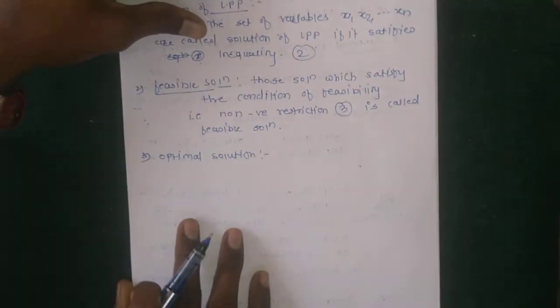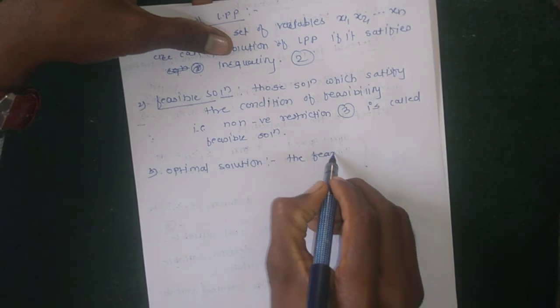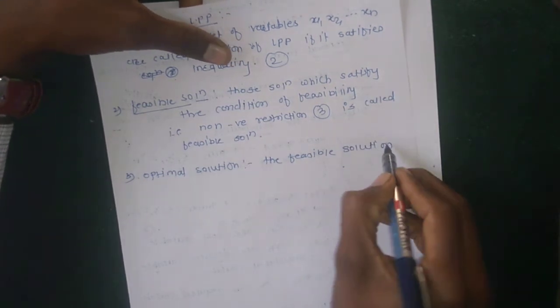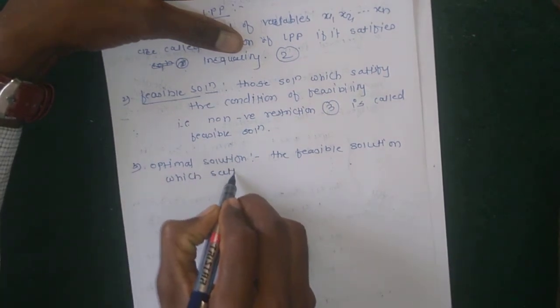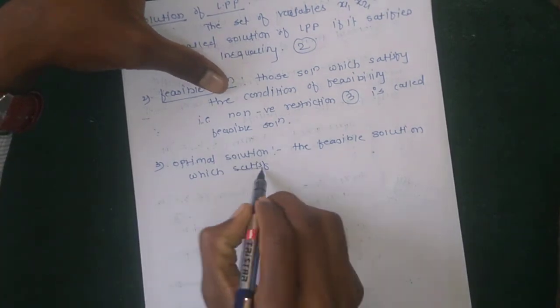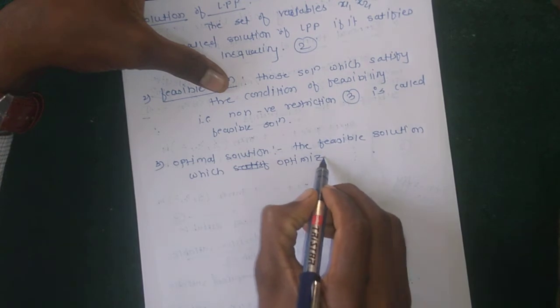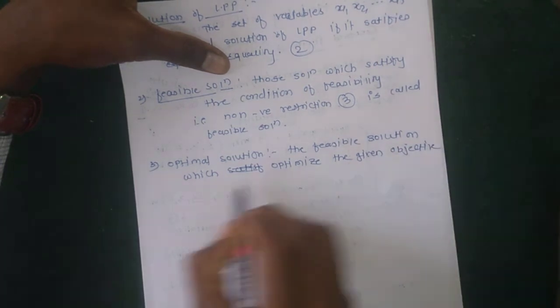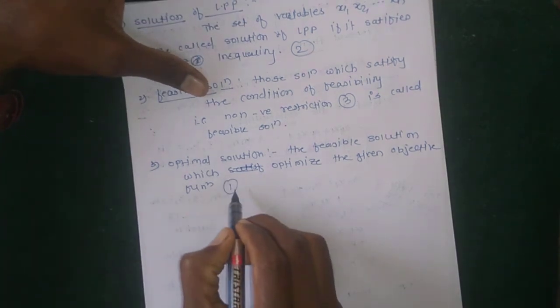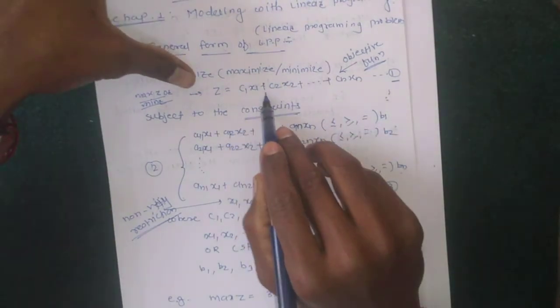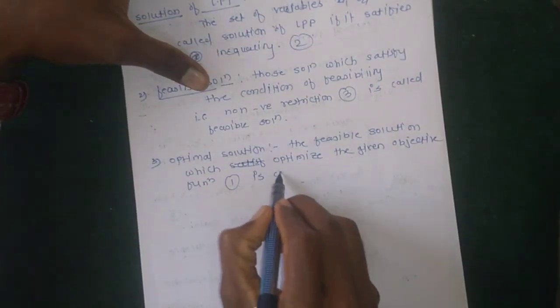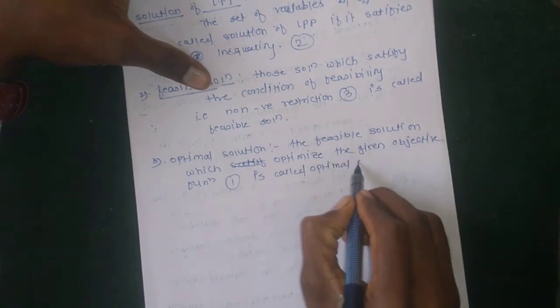So suppose x1, x2, up to xn are a feasible solution, then the feasible solution which optimizes equation number 1, the given objective function, maximum z or minimum z, and their value, is the optimal solution.